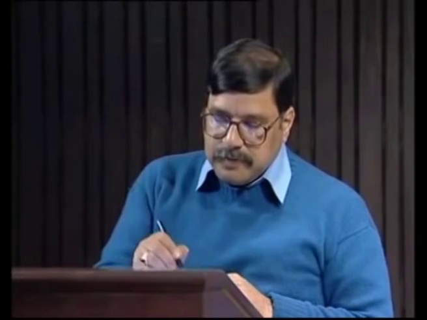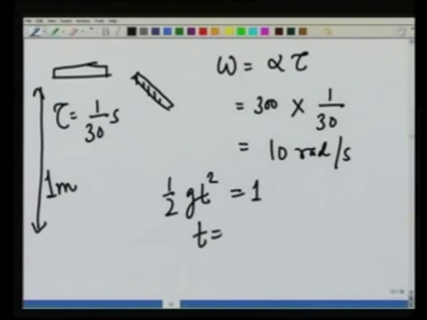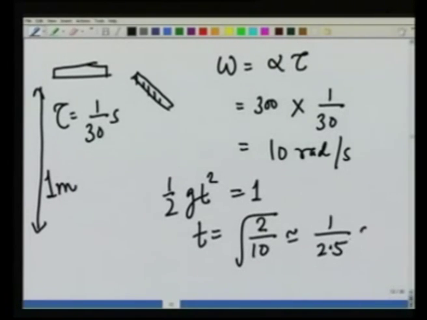If this dropped by 1 meter, then the time taken for it to drop would be given by 1/2 g t square equals 1, t equals square root of 2 over 10, which is roughly 1 over 2.5 seconds.